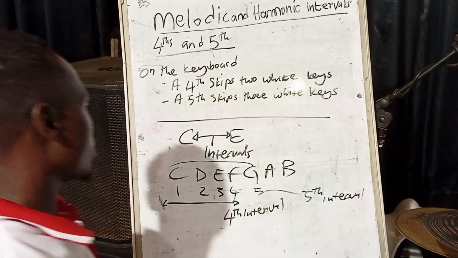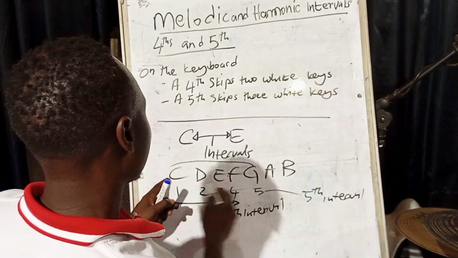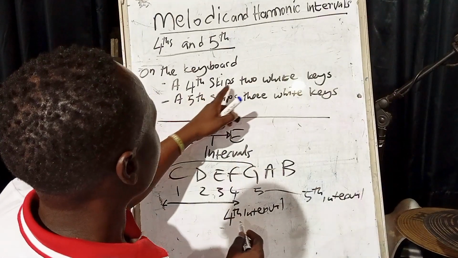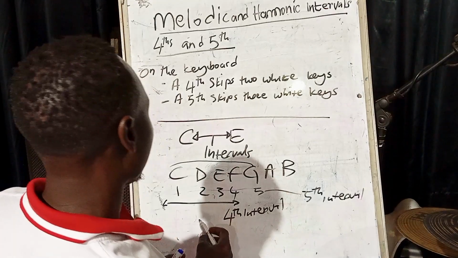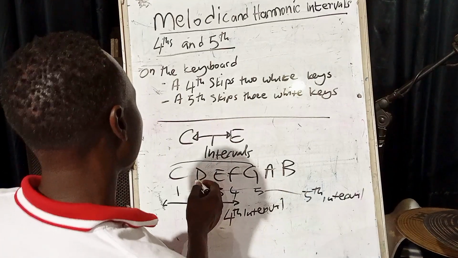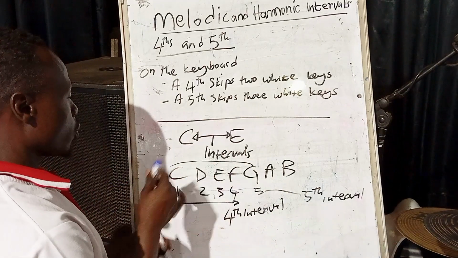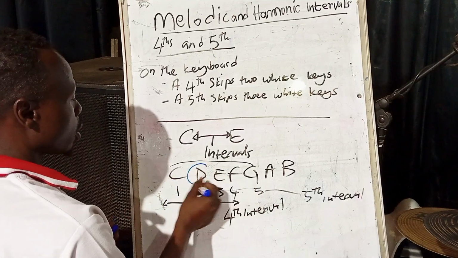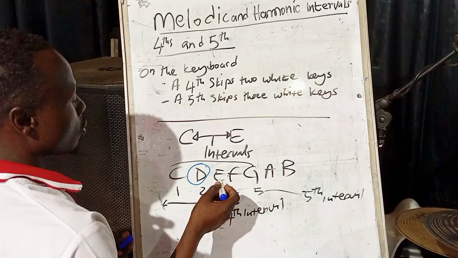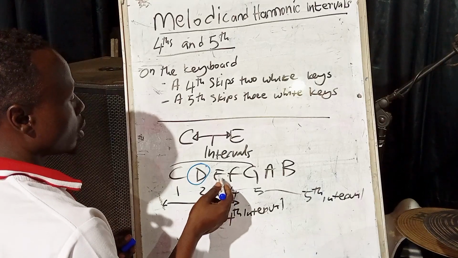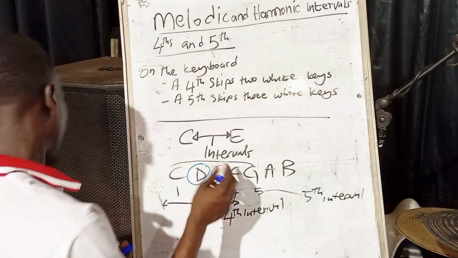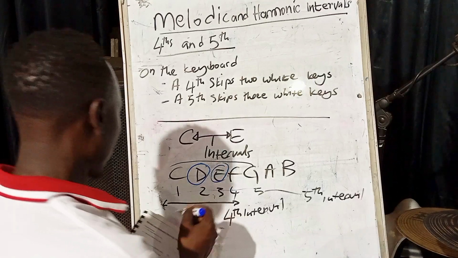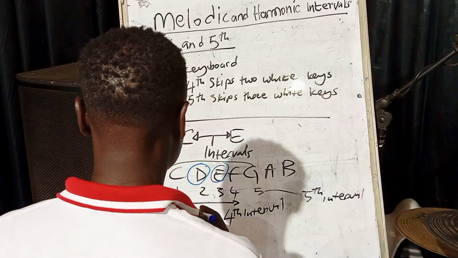Now let's see those keys. From C to F, we said we skip two white keys: we skip D, and also we skip E, and then we arrive at F. Then we said a fifth skips 3 white keys.